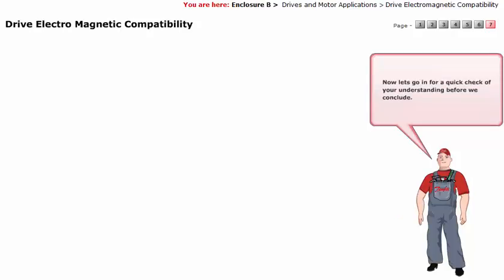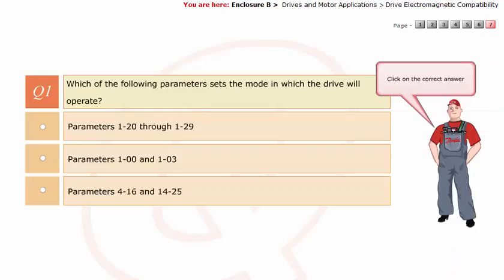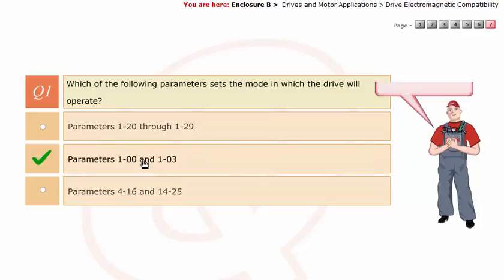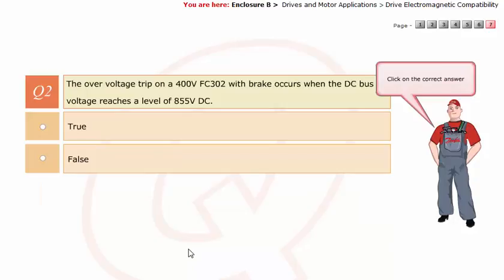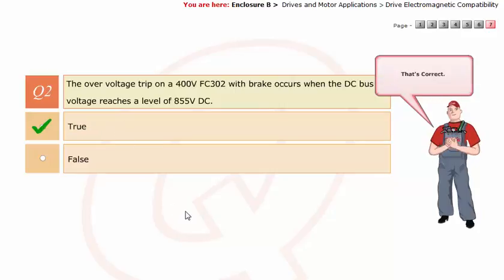Now, let's go in for a quick check of your understanding before we conclude. That's correct. Parameters 1-00 and 1-03 set the mode in which the drive will operate. That's correct.